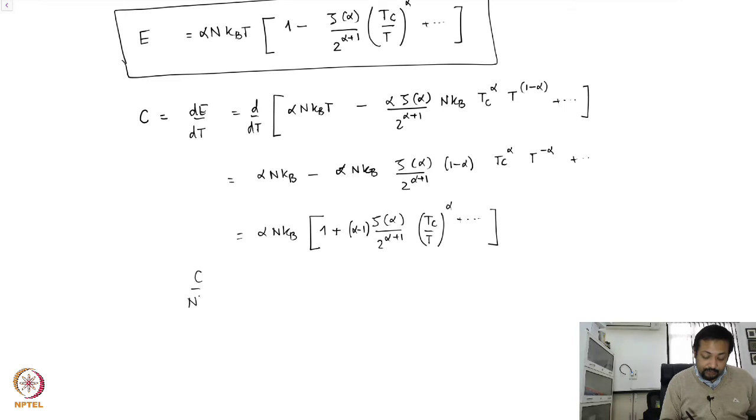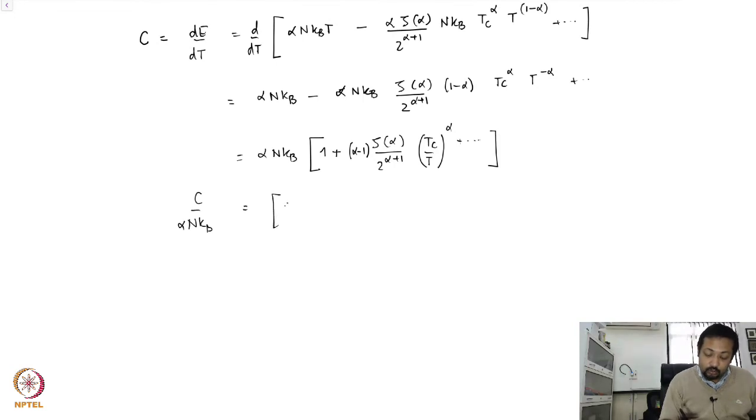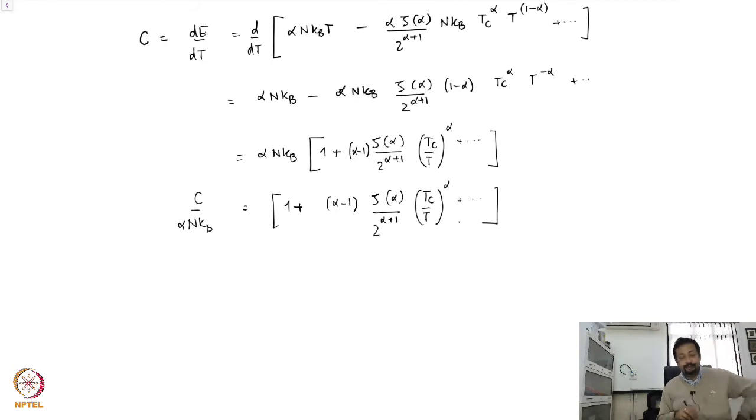So that C over alpha NkB is going to be 1 plus alpha minus 1 zeta alpha 2 to the power alpha plus 1 Tc over T raised to the power alpha, higher order terms.